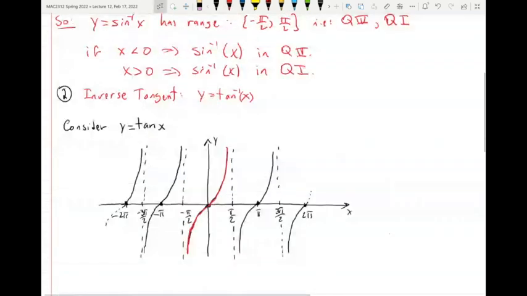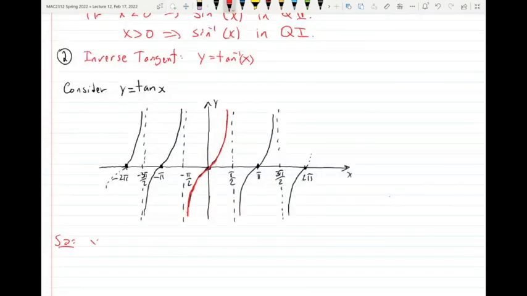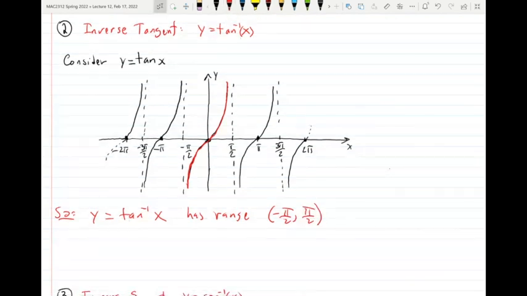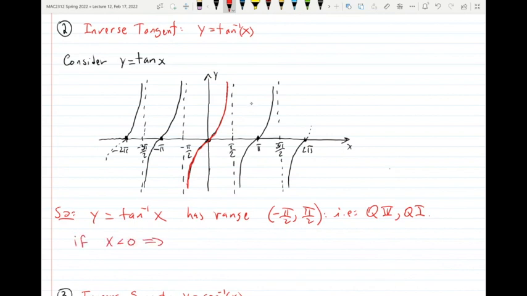So the inverse tangent function has range negative pi over 2 to pi over 2, but this time with parentheses. So once again, this is quadrant 4, quadrant 1. If x is less than 0, then the inverse tangent of x is going to be an angle in quadrant 4, like the negative version, like negative pi over 4.